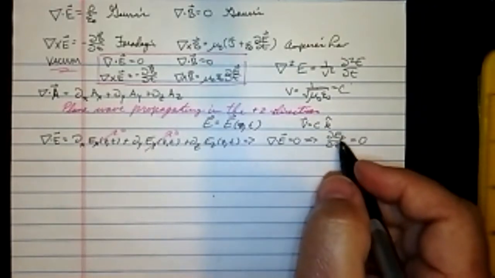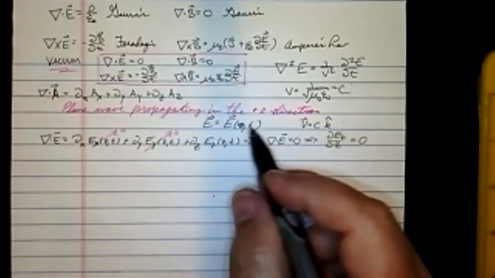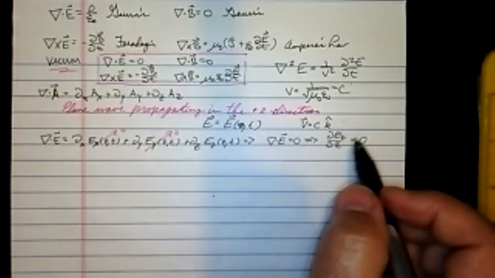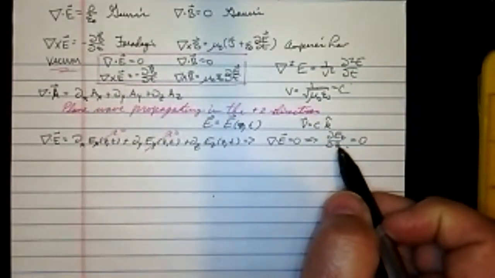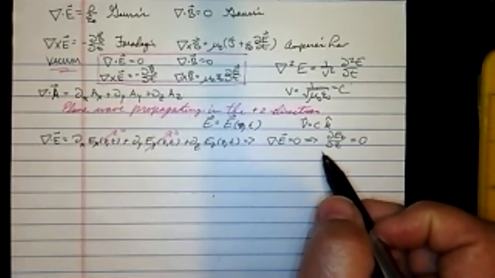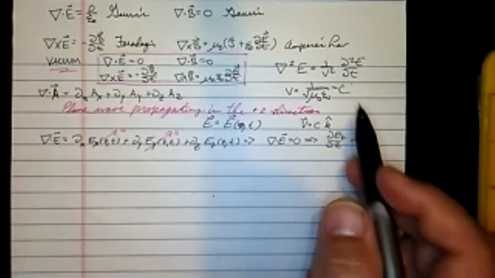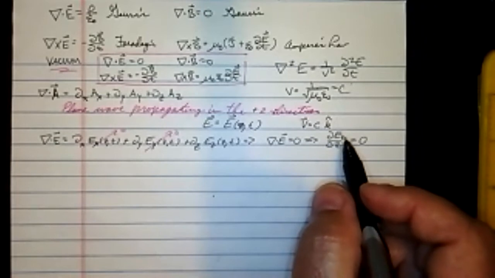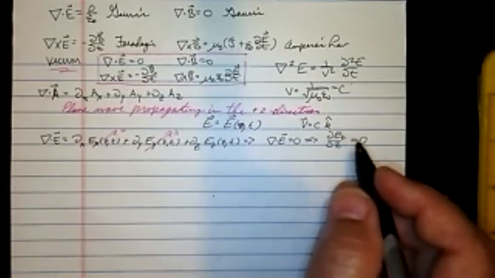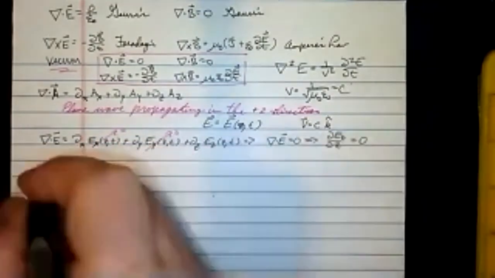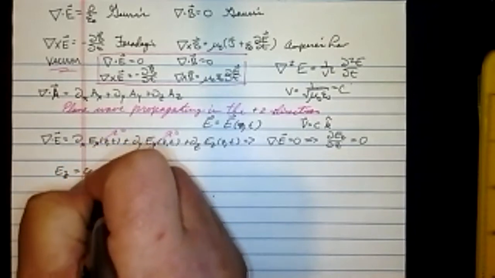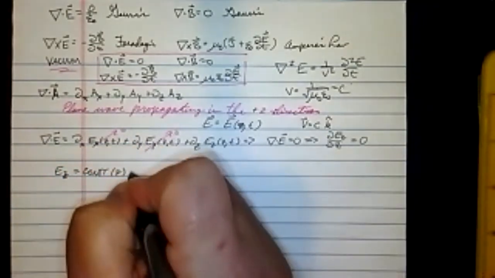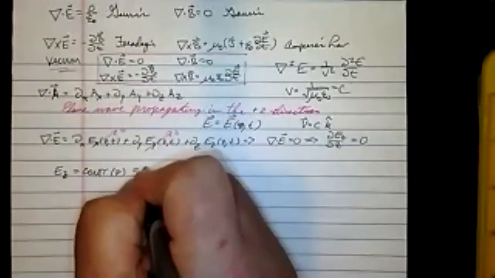Now, what that means is that if E is truly a function of z and t, then Ez should be a constant in z. We're not really interested in uniform fields; we're looking for oscillating fields, which is what the wave equation is completely about. So we're going to choose the very special case that Ez is in fact equal to 0. Ez is a constant, really a constant with respect to z, but in this case we're going to say that it is 0.